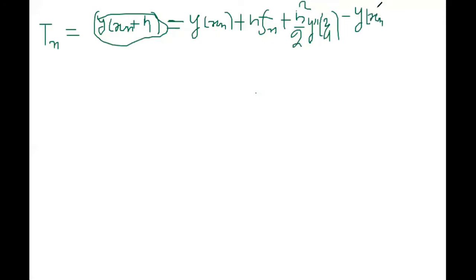Y at xn divided by h, minus fn. So this is coming out to be: this y at xn will cancel out, and one h will cancel out from here.